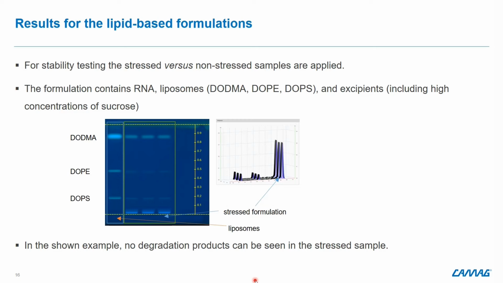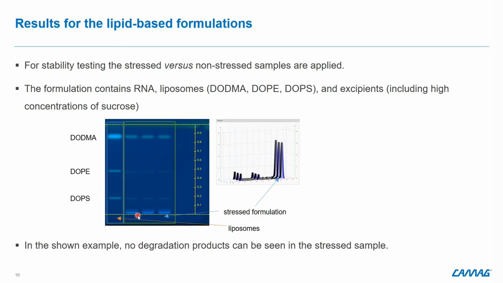For the liposomes and the lipid-based formulations, the same methodology can be used. For stability testing, the formulation was applied without sample preparation or dilution step, and the liposome solution was diluted 1:6 for determination in the same working range.